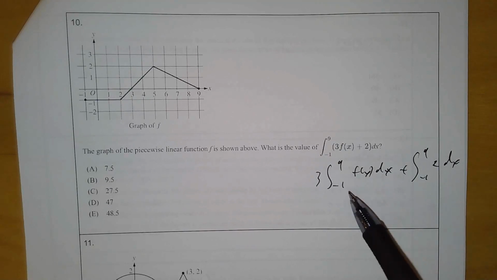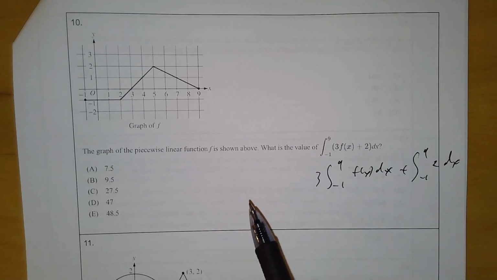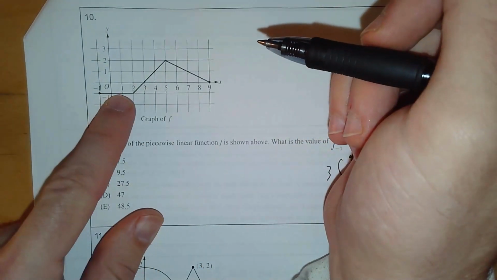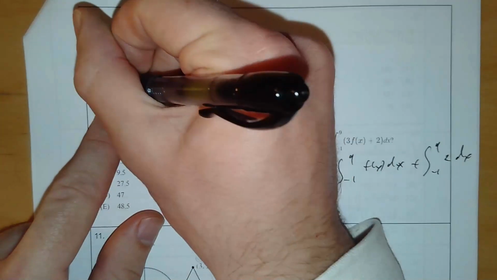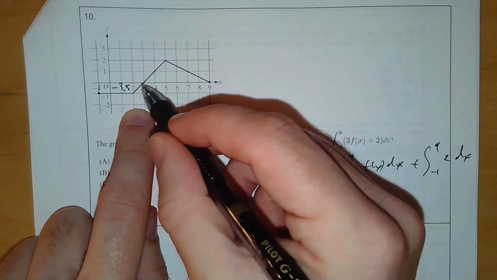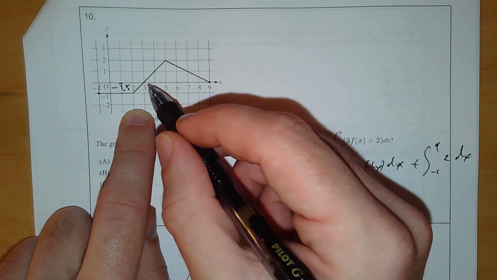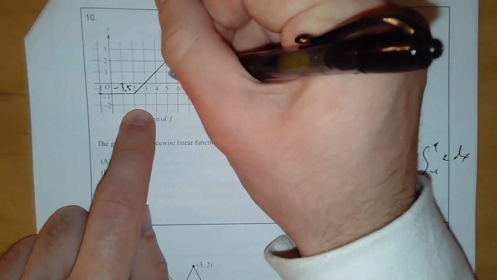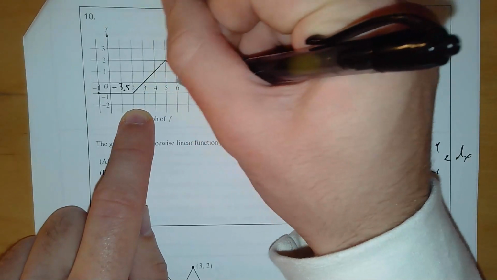So first thing here, I just need to get the area from -1 to 9 right here. So let's do that. I need the area from here to here. So right here, this is 1, 2, 3. So this is -3.5, because this is a half. I can even see it visually. Then here I have just a big triangle. So it's going to be a height of 2, and a base of 1, 2, 3, 4, 5, 6.